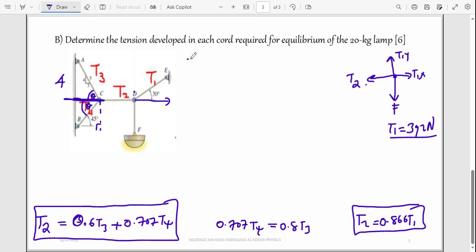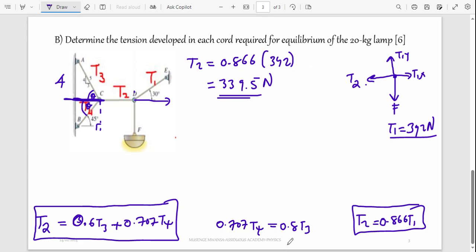So T2 is equal to 0.866, where there is T1, we substitute 392. That is going to give us 392 times 0.866, which is 339.5 newtons, rounded off to one decimal place.